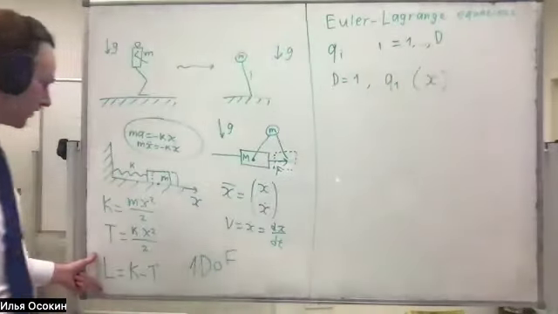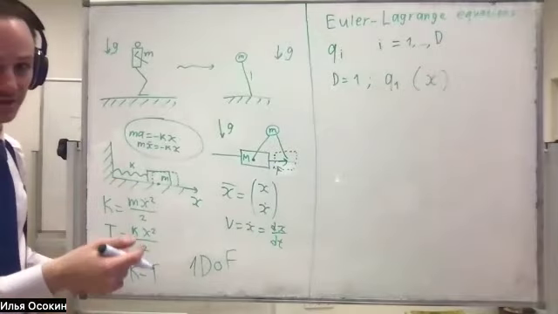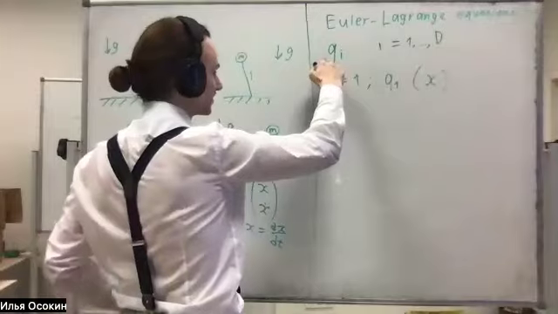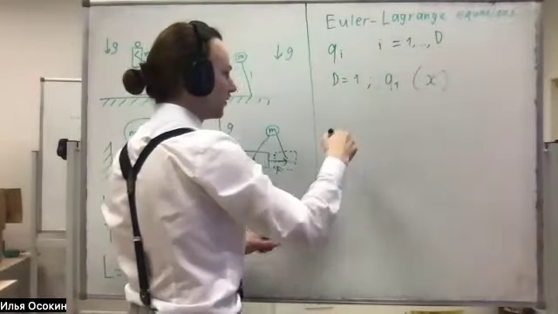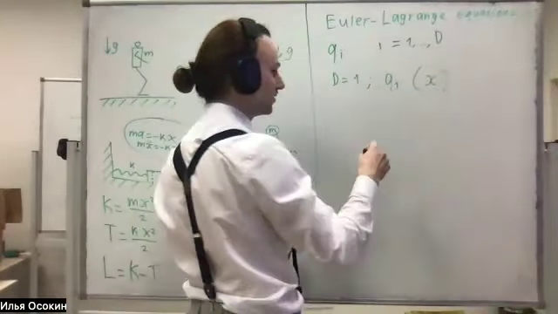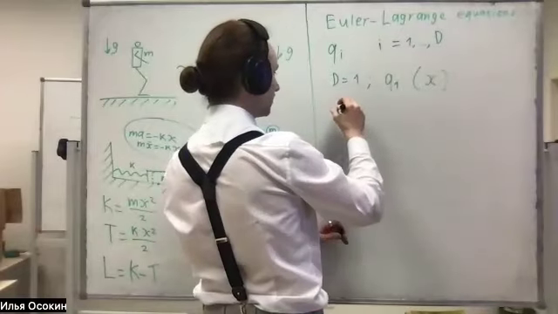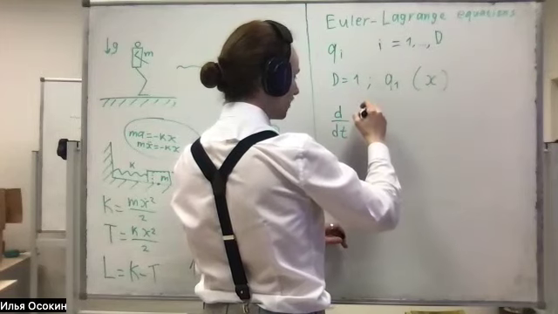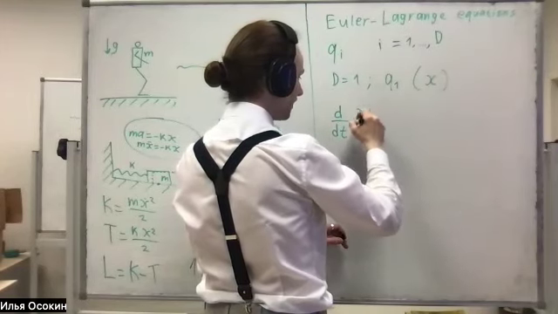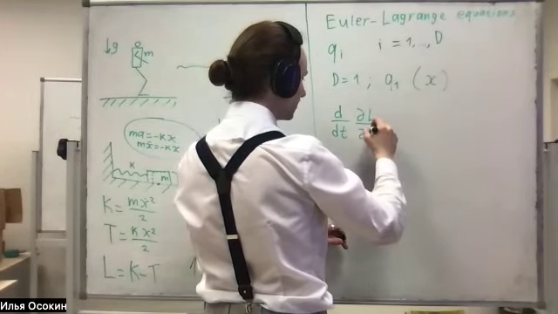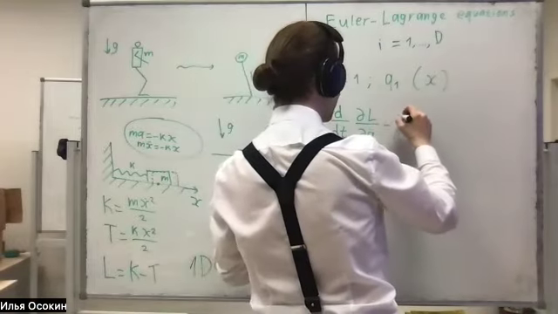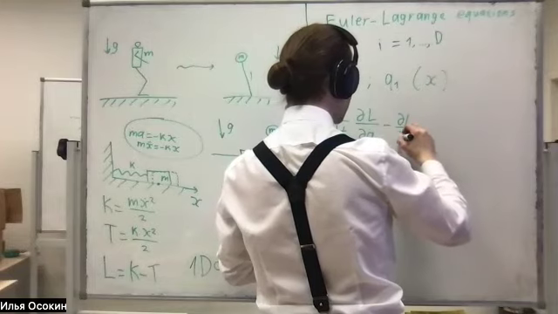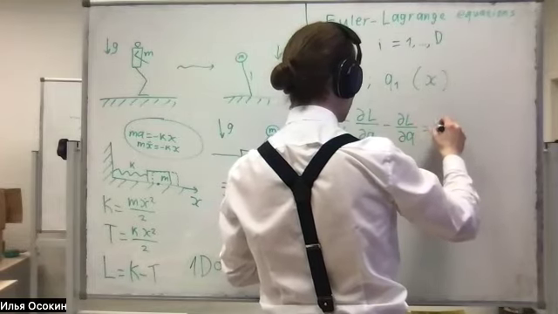So given the Lagrangian, I'm stating that for each of the generalized coordinates, the following partial differential equation is going to hold. d by dt of dL by dq dot minus dL by dq is equal to 0.